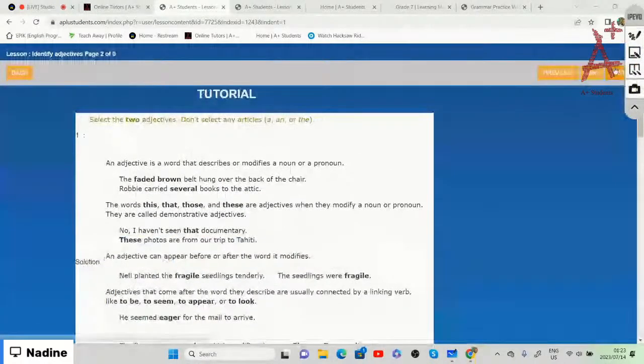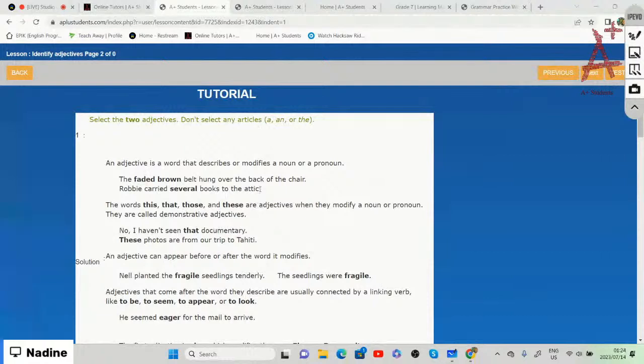All right, so if we were to test ourselves on adjectives, remember we said an adjective is a word that describes or modifies a noun or a pronoun. And we get different types of adjectives. We have demonstrative adjectives, and we use words like this, that, those and these, and they modify the noun or pronoun.